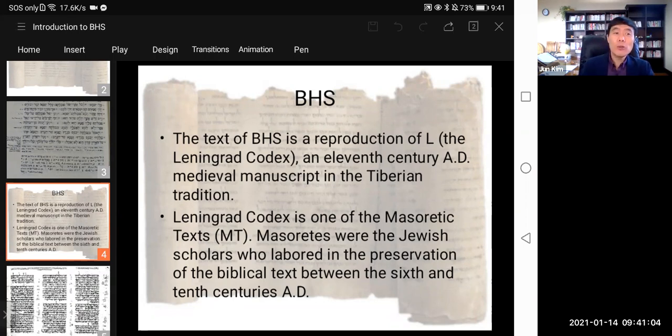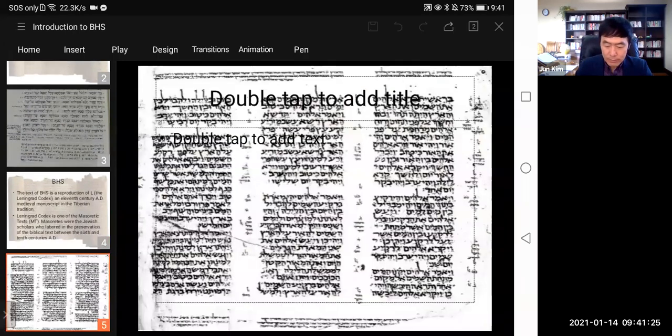Although they knew it, they didn't change it, but just put in their comments: it is most likely an error, so we need to read this word instead of this. It is quite an important process of textual criticism. You will be amazed anyway. So that's it. Let's move on. What is this?